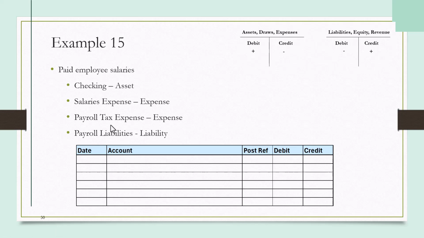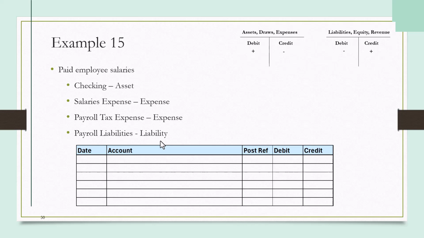And then any withholdings for the employee. In this case, I'm just going to keep it super simple and just put it all in payroll liabilities. This is a liability account, and what we're doing is showing that the taxes withheld on the employee paychecks and the employer taxes that the employer has to pay, all of that is going to be sent to any government agencies, any tax agencies.